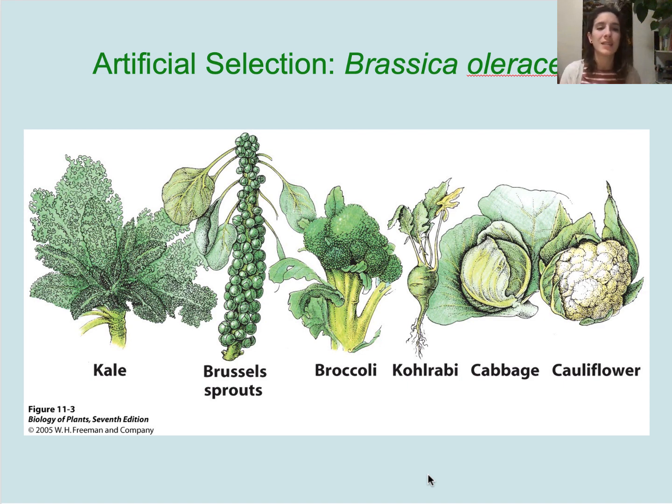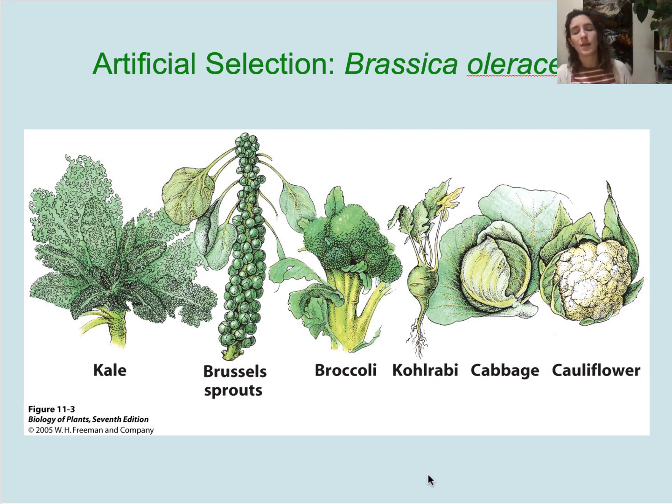Humans have selected for certain vegetative traits or fruit traits that benefit our species. So here, people are the selective agent, as opposed to natural selection where the environment is the selective agent. And everyone's known about this artificial selection for a very long time.